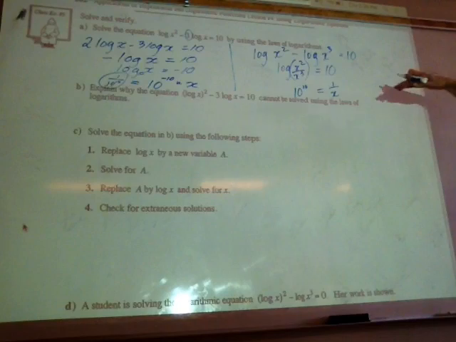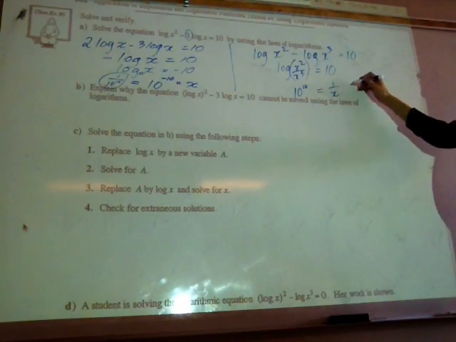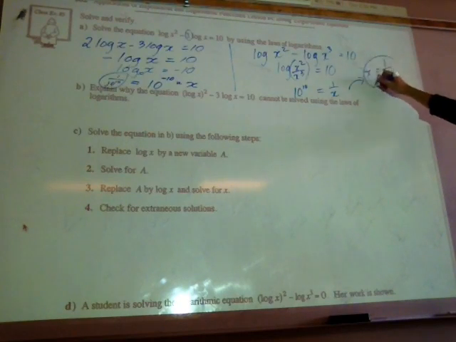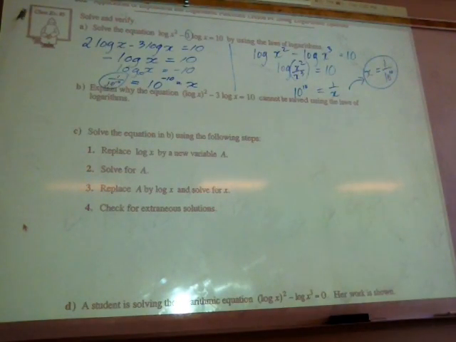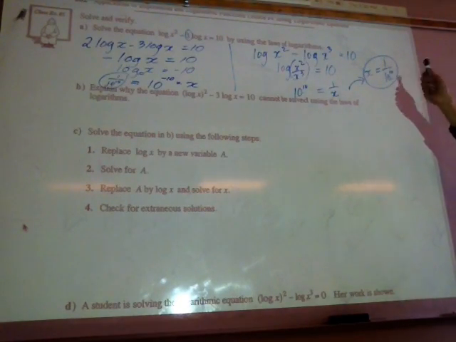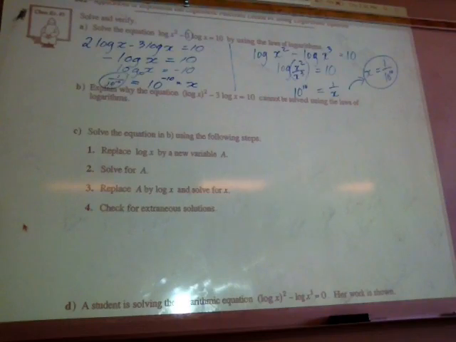Flipping the position of these, we actually get that x equals 1 over 10 to the power of 10, which is exactly the same. So either way, you would get 1 over 10 to the power of 10. And don't forget to verify. We're not going to verify this time, but don't forget, always verify.